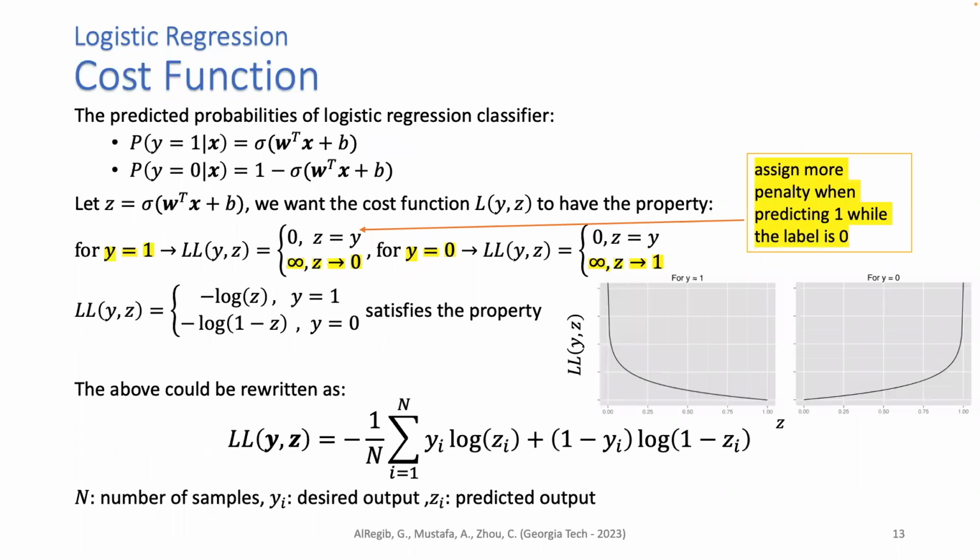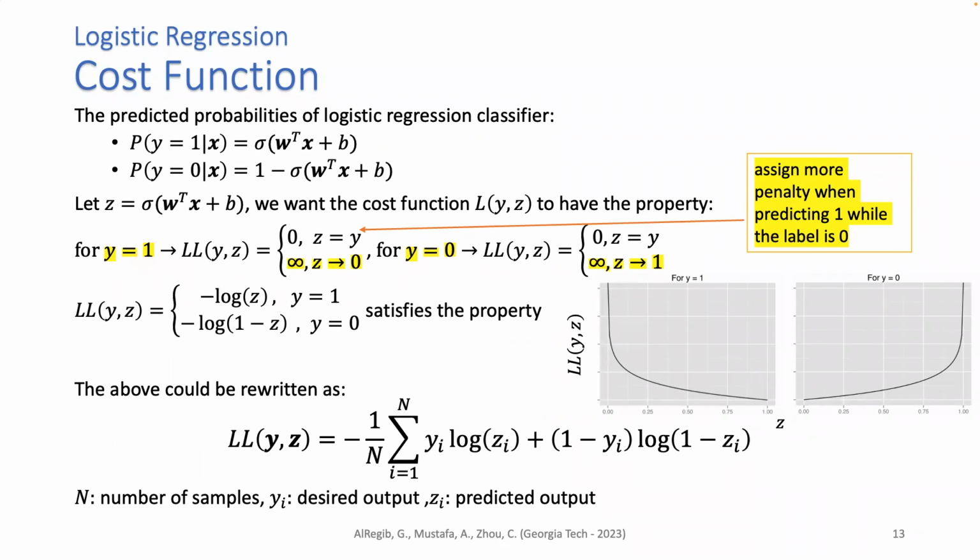What is my cost function in this case? It is the mean square error, the average of the squared difference. That's the least squares, right? We know that this is really not a good solution because it's not convex, right?